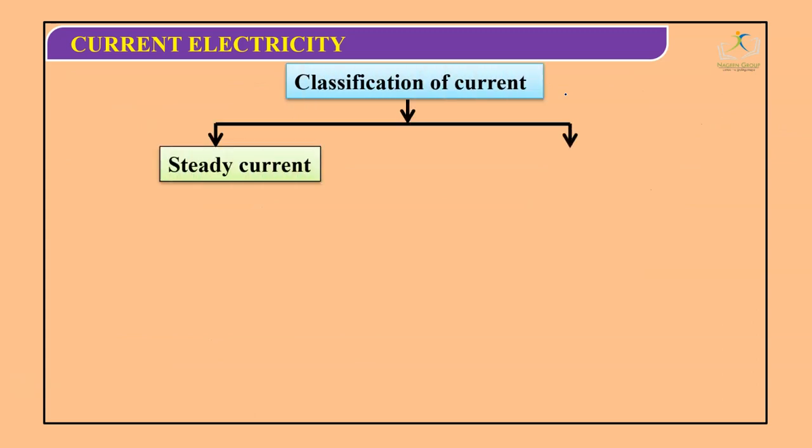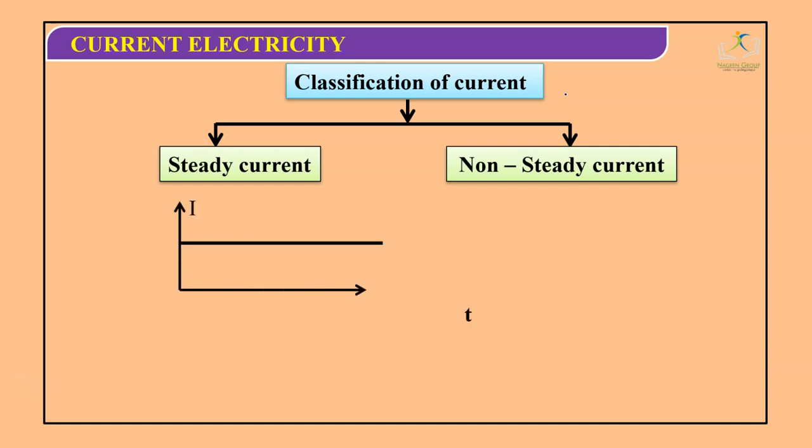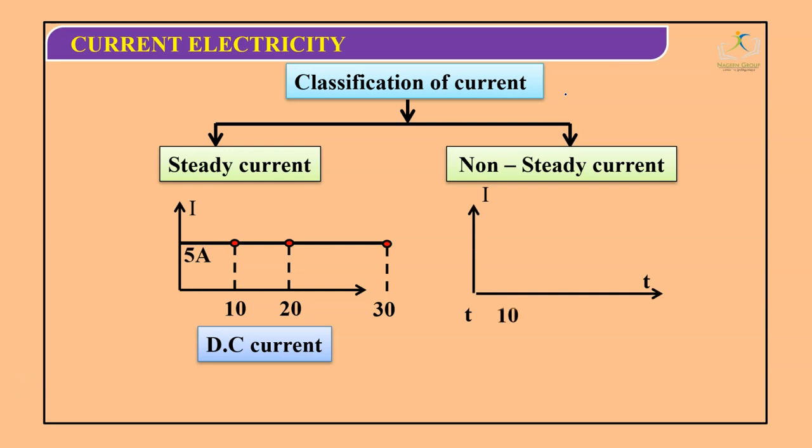Classification of current. Current has two types, steady current and non-steady current. Those currents that are not changing with respect to time, which we call steady current, like this. Non-steady means the current which is continuously varying with respect to time.